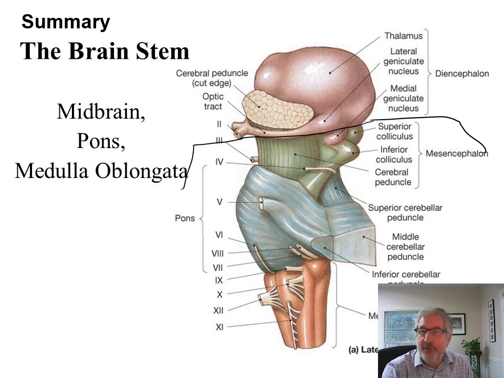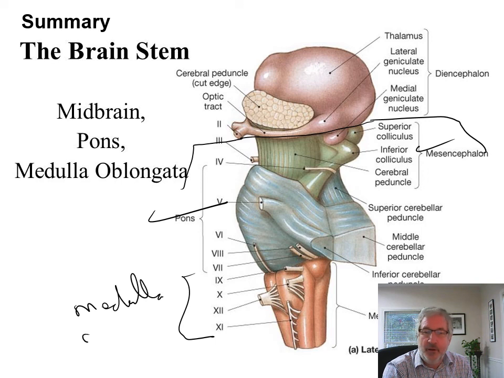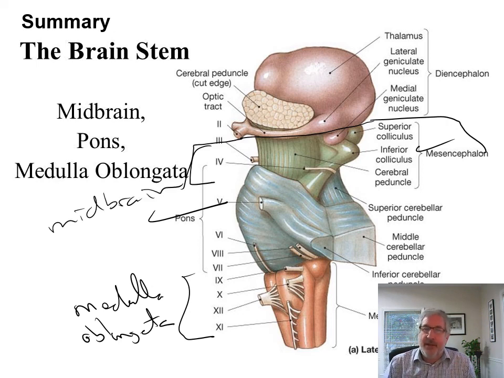So we have the midbrain, or mesencephalon, and then we have the pons, and then we have the medulla oblongata down here. So the midbrain is there. Okay, next slide. We're going on.